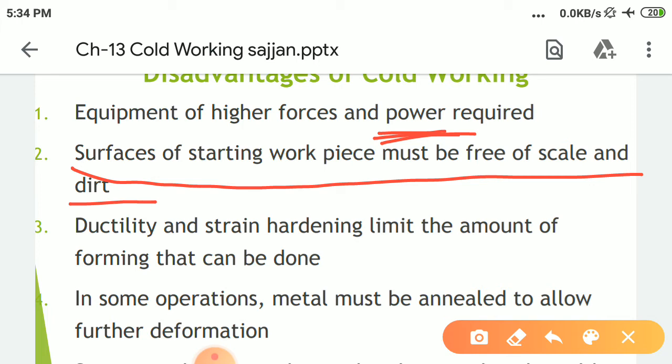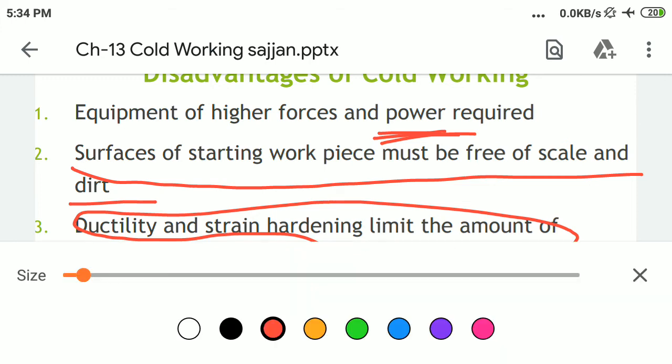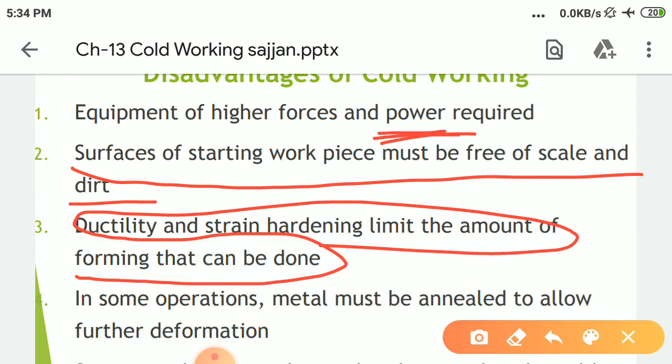Now ductility and strain hardening limit the amount of forming that we can do. Here is the problem. If you continue cold working, fracture may take place, or it will not permit more deformation. So what we can do for more deformation, we can do the heating.